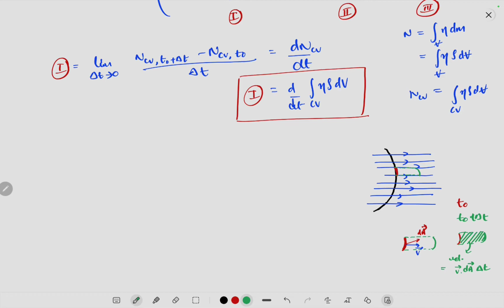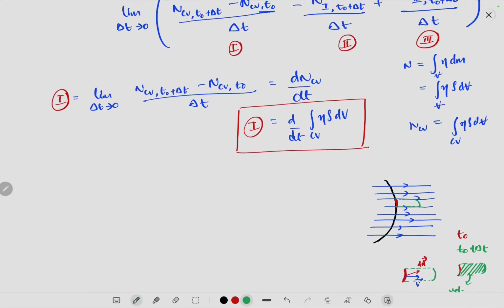So this would be the volume of this portion. All right, now if this problem is clear to you, let's concentrate on our original problem.